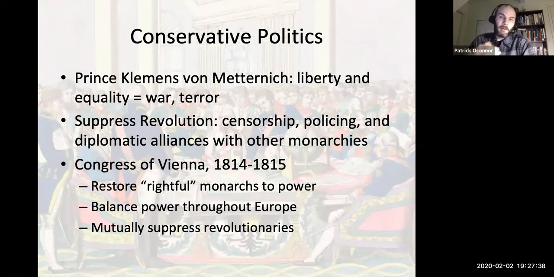And in large part because of these agreements, there's no major war in Europe for about 40 years, till the 1850s, the Crimean War. So we can see from one perspective, the early 19th century is an age of conservatism. It's a conservative reaction to the age of revolution. Okay.